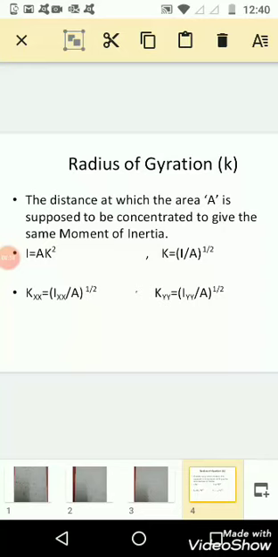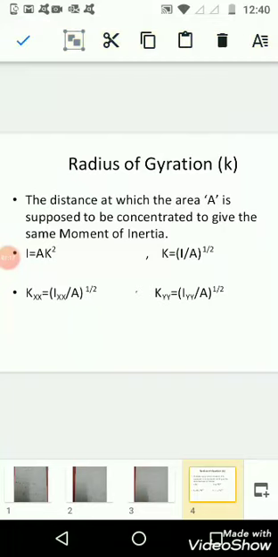Now here it's something like where the mass or where the whole area is concentrated, so as to get that moment of inertia, so as to get that resistance. So where there is more area, more mass, obviously it will try to resist bending moment. Fine.